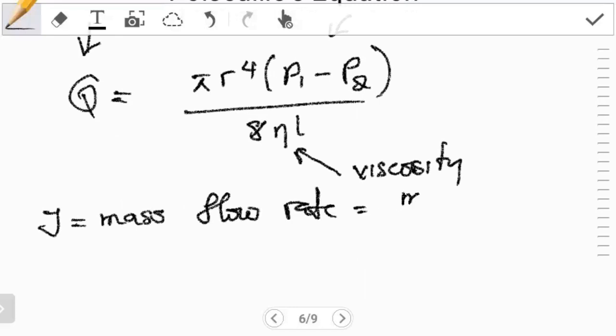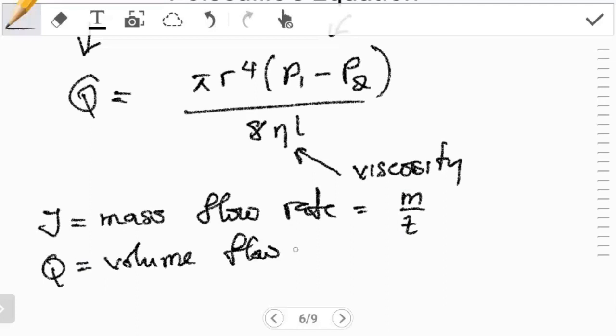This is going to be M over T, or it might be change in M over change in T. But Q, on the other hand, is the volume flow rate. Since that is volume flow rate, we expect that it's going to be V over T. Sometimes you can write it as change in V over change in time. It's really up to you and what you prefer. It's basically the same thing.